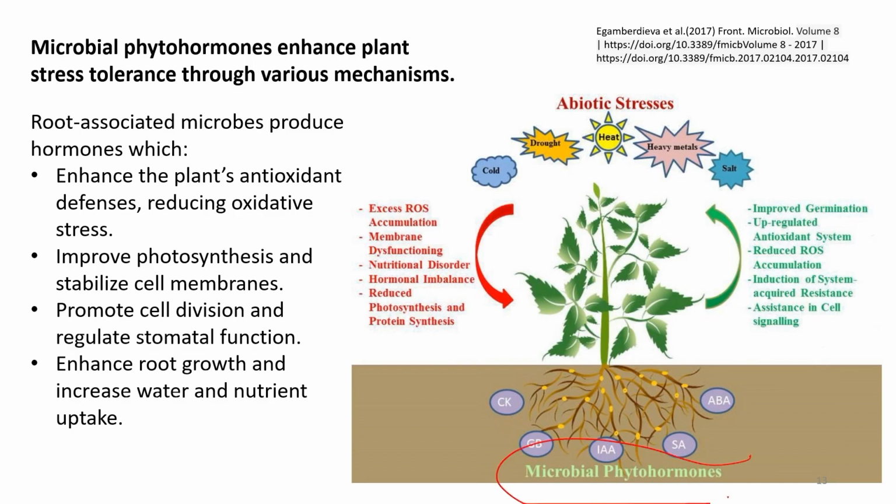And the phytohormones released by microbes will help in improved germination, an upregulated antioxidant system, then reduce ROS which was increased due to this stress, then induction of systemic acquired resistance and also assistance in cell signaling. So, we see that microbial phytohormones play a very crucial role in enhancing stress tolerance in plants.